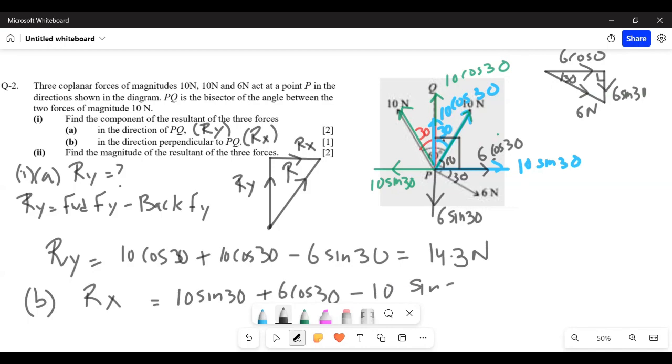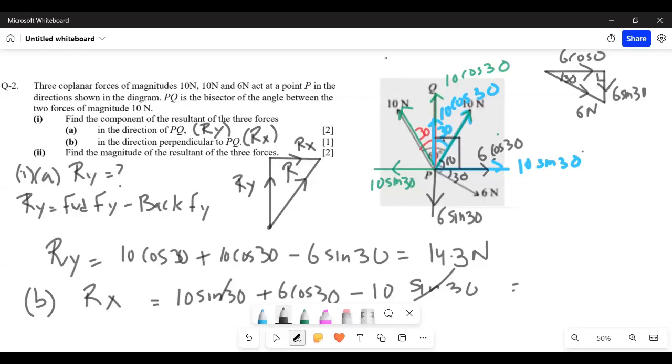So we're left with 6 cos 30. This is equal to 5.2 newtons, or 3 under root 3, or 5.2 newtons.